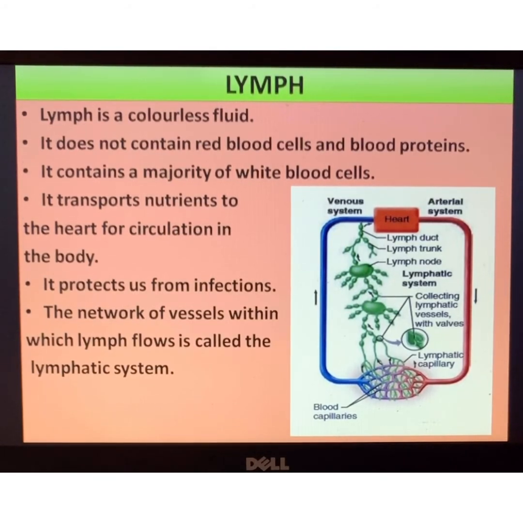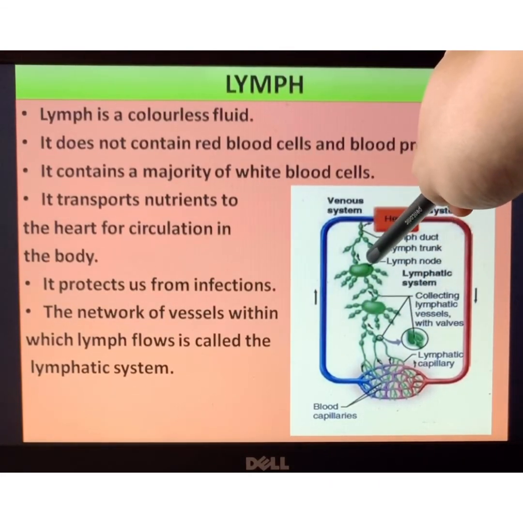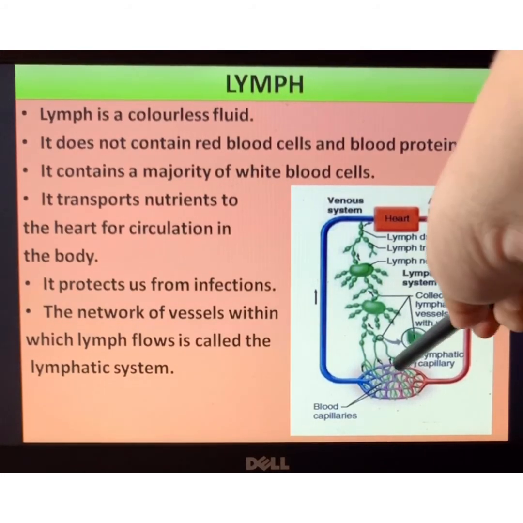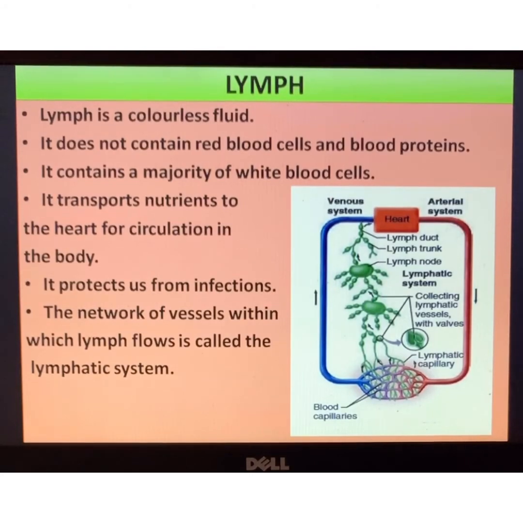There are nodes, collections of cells, called the lymph nodes, and the lymph that oozes out goes back to the heart through the lymphatic system. These lymph vessels are connected to the lymph nodes, which are present in certain areas, for example your thymus, tonsils, and also your armpits.